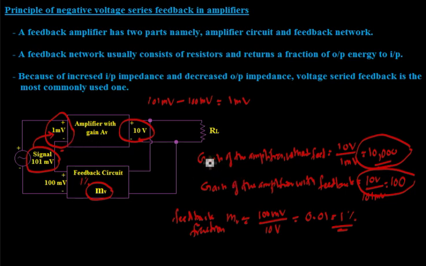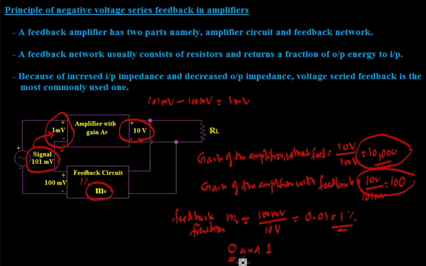And another thing you can see is that the feedback fraction mV always has a value between 0 and 1, because 0 means no feedback is applied, and 1 means the entire output has been fed back to the input.